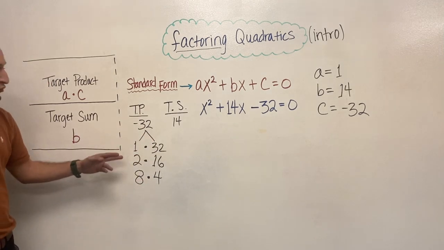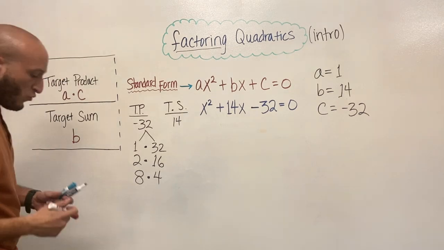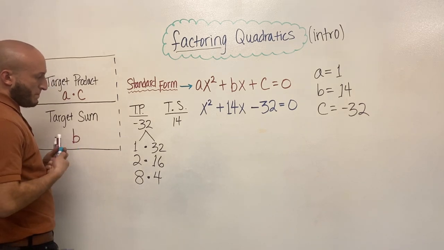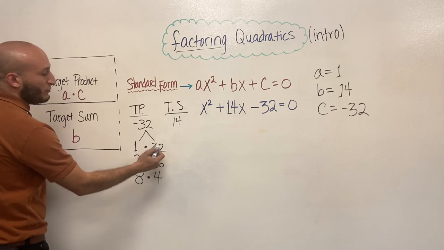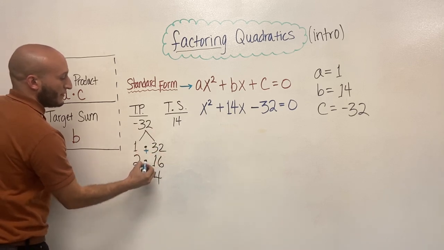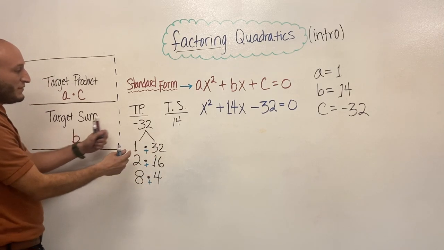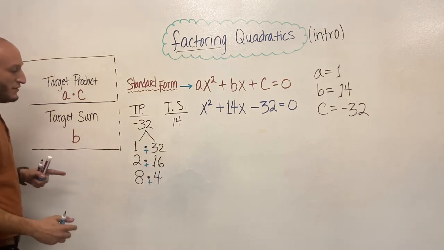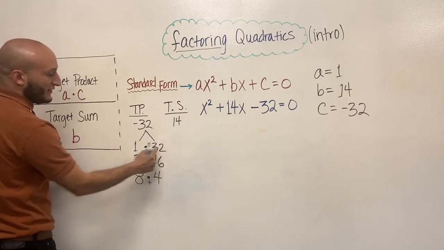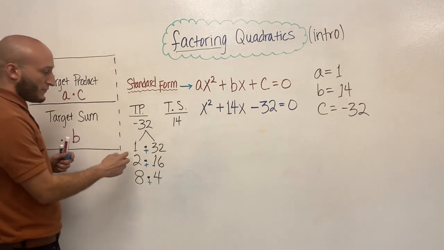So I have to choose which one of these works. What does that mean? They must multiply to give me negative 32, but also add to the target sum. They have to meet both conditions. When I multiply these numbers, I should get my target product, and when I add these numbers, I should get 14. So let's see which one works.